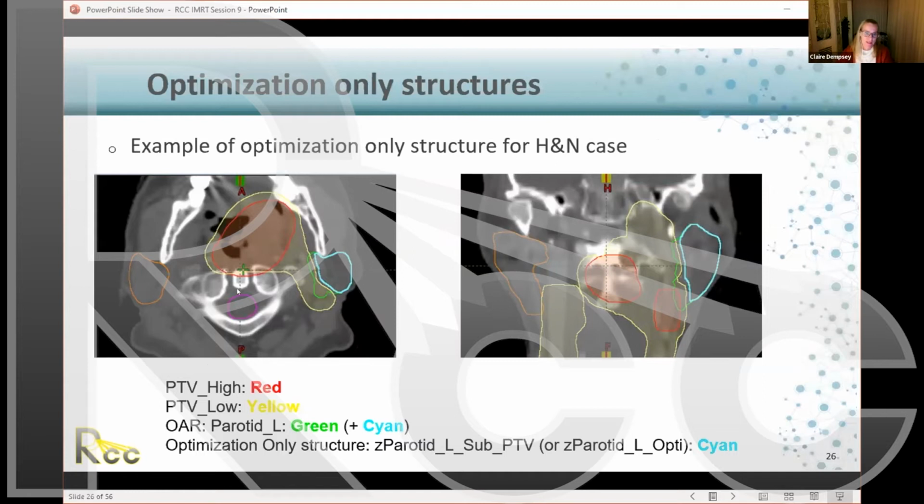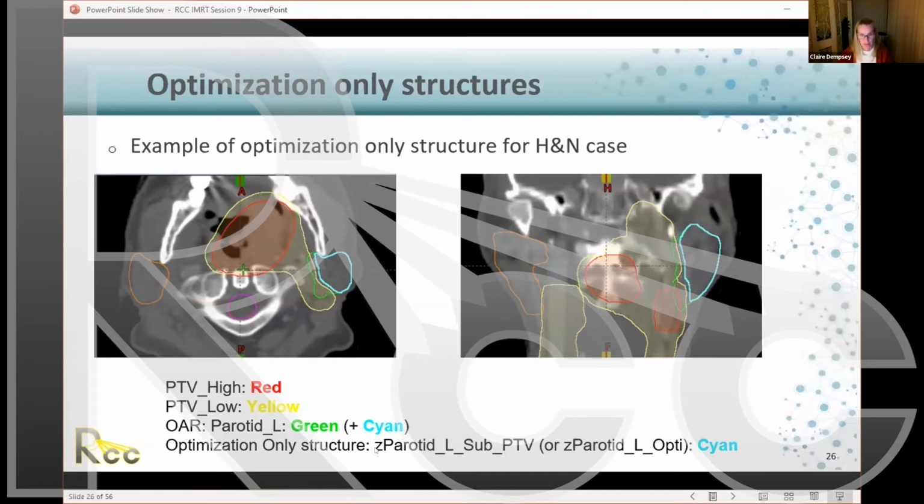In this case, the red contour is our PTV high, and then we also have a PTV low in yellow. So the prescription dose to the red is higher than the prescription dose to the yellow. We have our left parotid, which is this structure here in green and cyan. And then we have an optimization only structure, which is our Z structure.